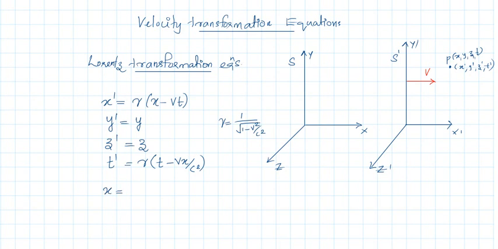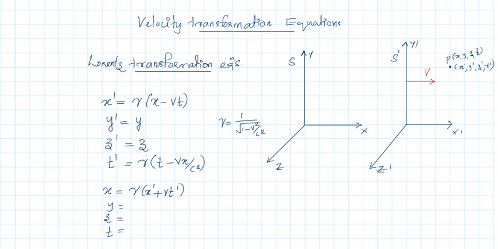In the inverse transformation, on the left hand side you have the unprimed coordinates x, y, z, t. x is given by gamma into (x prime plus vt prime). For writing the inverse transformation, you just need to put minus v instead of v, because with respect to frame S prime, S is moving backward with velocity v, so you have to put a negative sign.